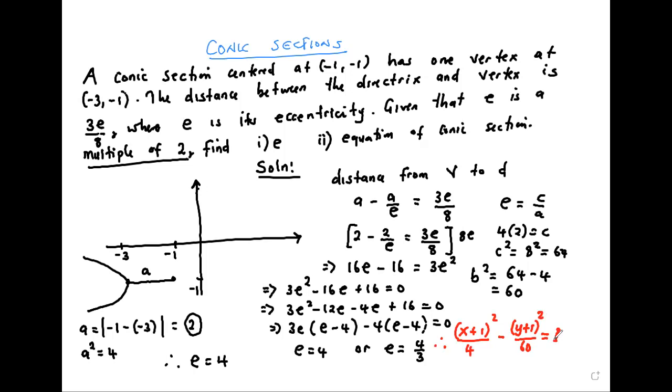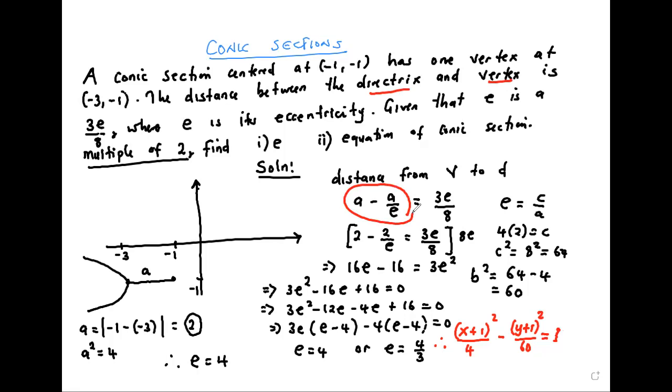Okay. So that's how you answer such questions. You need to be careful when this type of question comes. Please, the issue of being given the distance between the directrix and the vertex. Immediately you see that distance, remember this formula. Once you get that formula, then it will be easy for you to move forward.